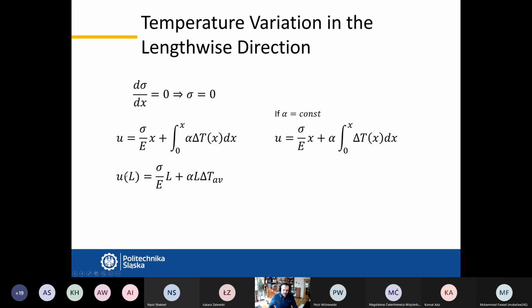So the elongation observed at the right-hand side, let's say on the left-hand side we have fixed the object and it can extend to the right. The total elongation will be sigma over E times L, so x equals L, and there's an integral from 0 to L of the delta T.